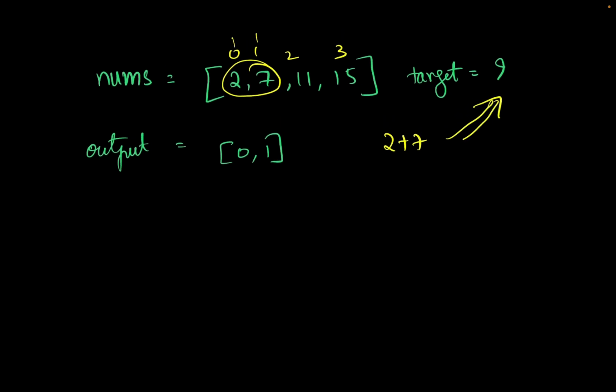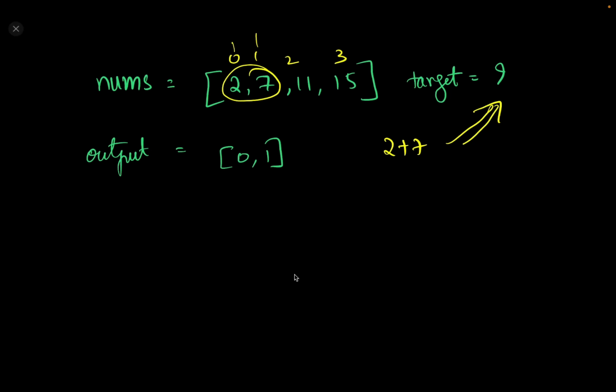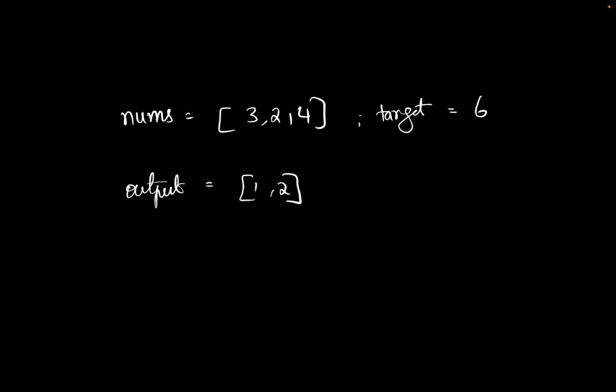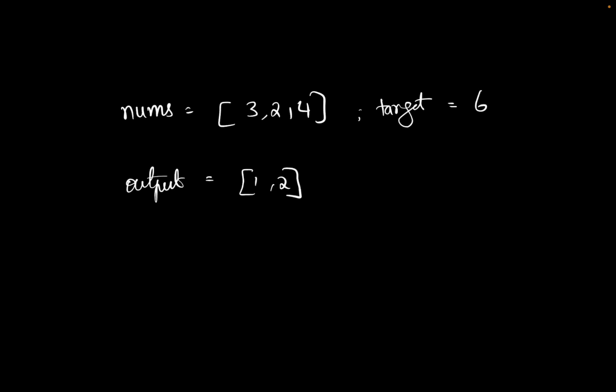There are many ways, but the most familiar are using a hash map and using the two pointer technique. The two pointer technique is something which we are going to implement right now. For example, in this example, the elements at the first index and the second index add up to the target of 6.